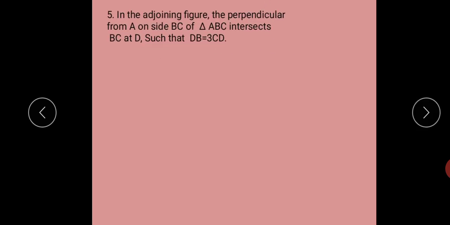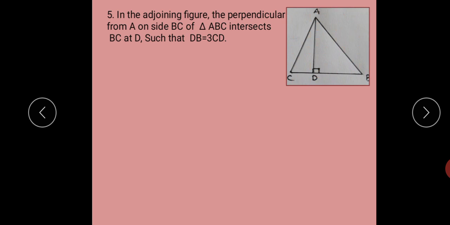We'll read the question along with the figure. In the adjoining figure, the perpendicular from A on side BC of triangle ABC intersects BC at D such that DB is 3 times CD.